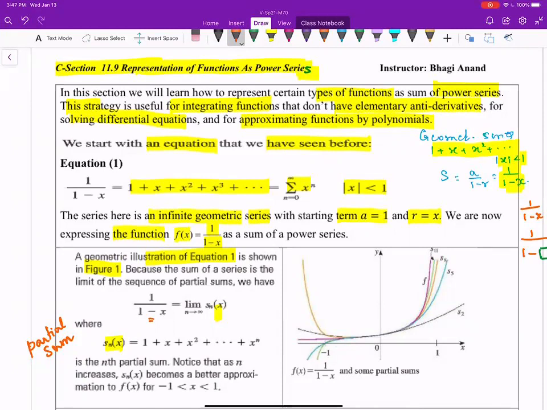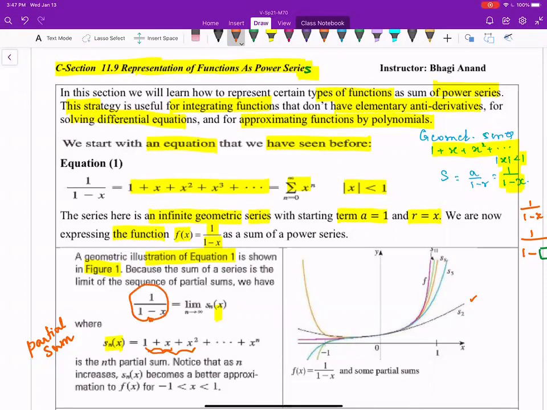If you take, let's say, two terms, 1 plus x, it's S2. So S2 is shown here, it's a linear one. And then S3 is a parabolic one, 1 plus x plus x squared. As you increase the number of terms in the partial sum, as you take more and more terms, it will resemble this function 1 over 1 minus x in the long run, right?